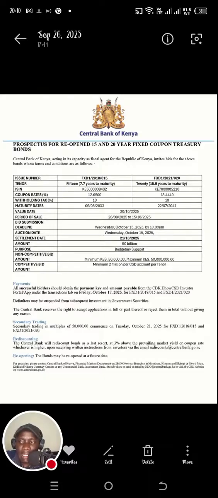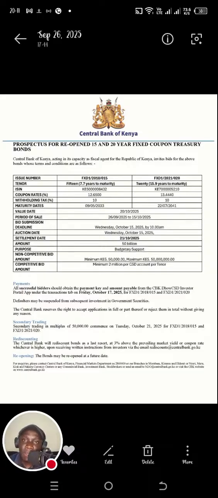Now, the coupon rate for this one is a bit higher than the other one. The coupon rate is at 13.444%. As I said about the other bond, the thing that can give you a very clear picture of the interest rates as far as government securities are concerned is the treasury bills that are offered every week.